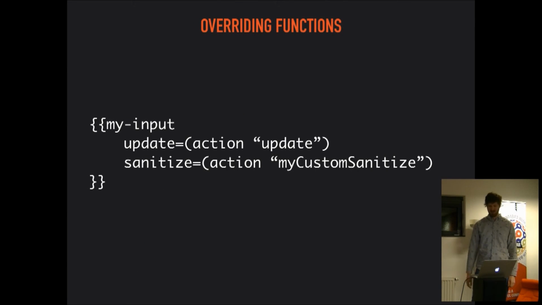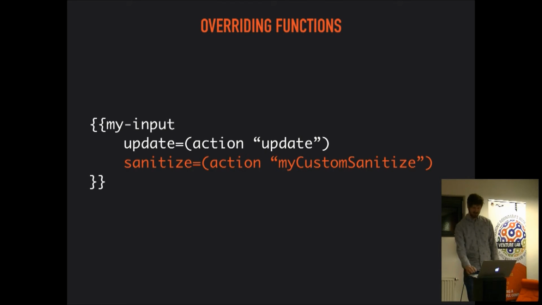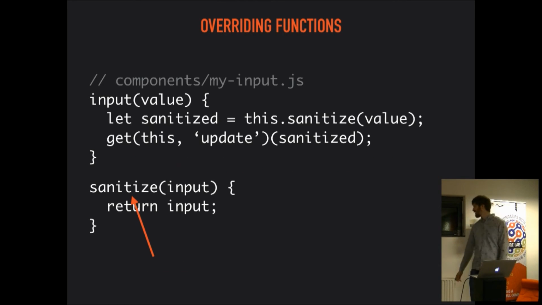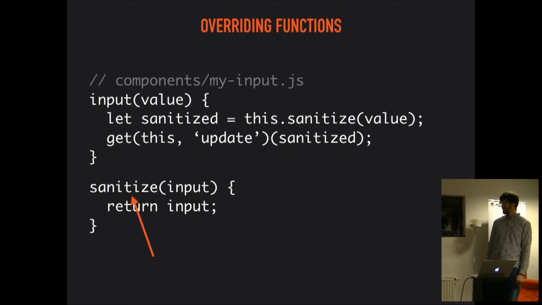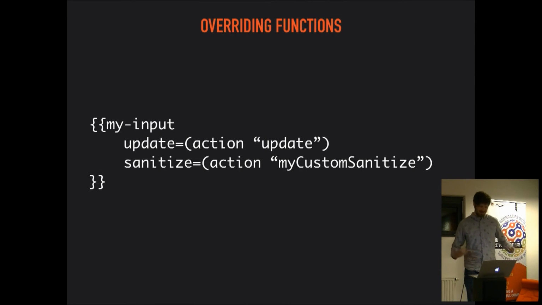We can pass in the sanitize as an action, and then it will call your sanitize action instead of the sanitize function in your original component. So yeah, I like it a lot. I do it a lot in some things I maintain. For example, in Ember Form 4 I use this all the time.